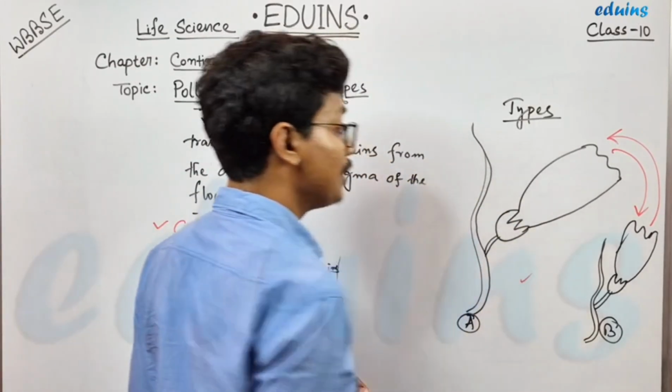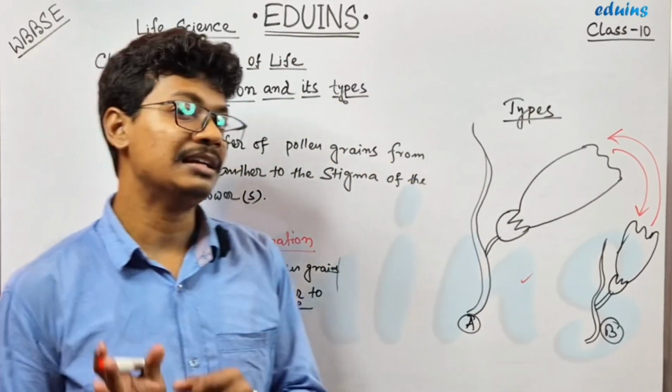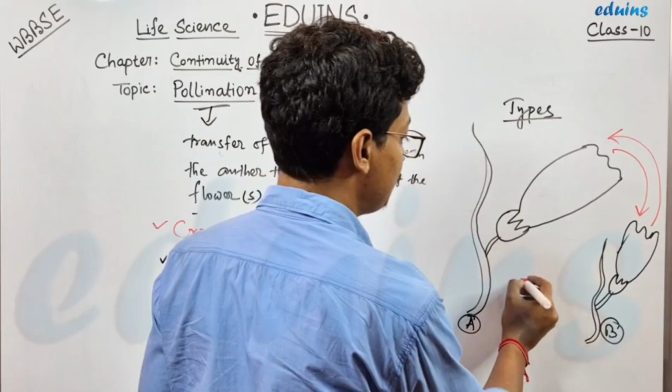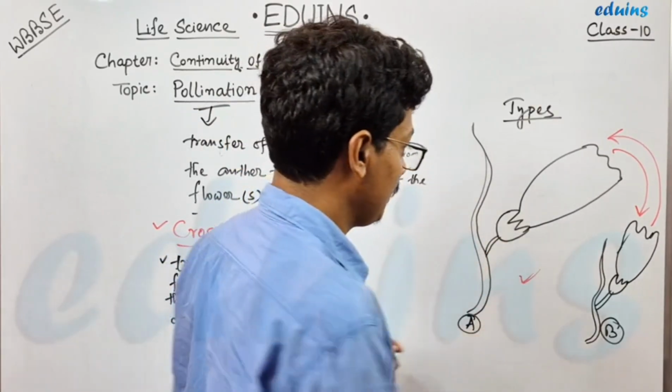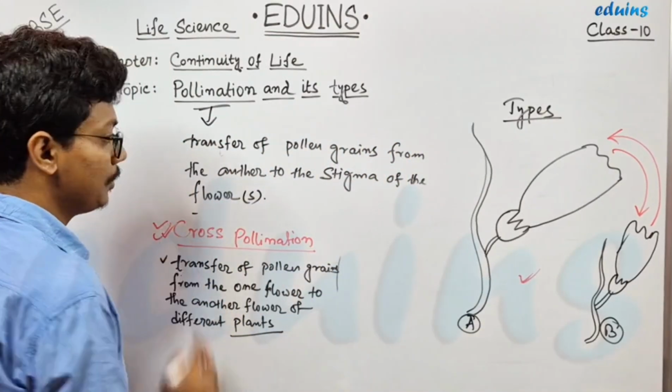So in cross-pollination, both plants are different. The transfer of pollen grains occurs between flowers of different plants.